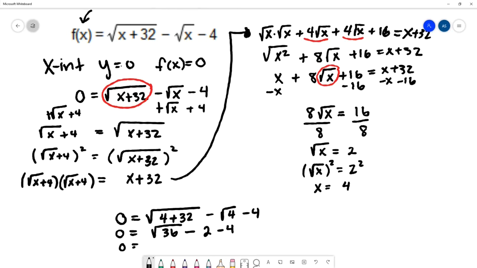The square root of 36 is 6. 6 minus 6 does give me 0, so I can check this off, that this actually is an x-intercept. It's (4, 0). So this radical function has an x-intercept at 4.